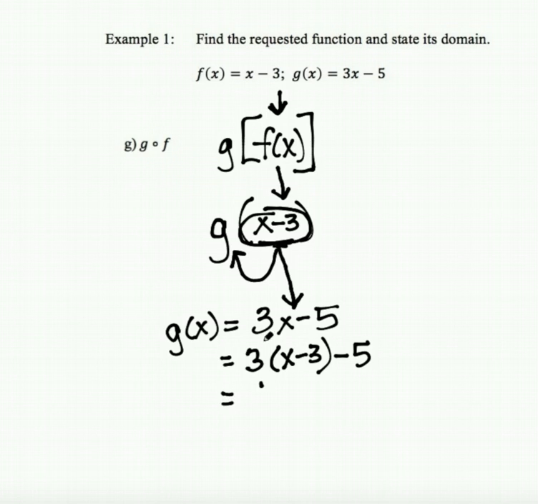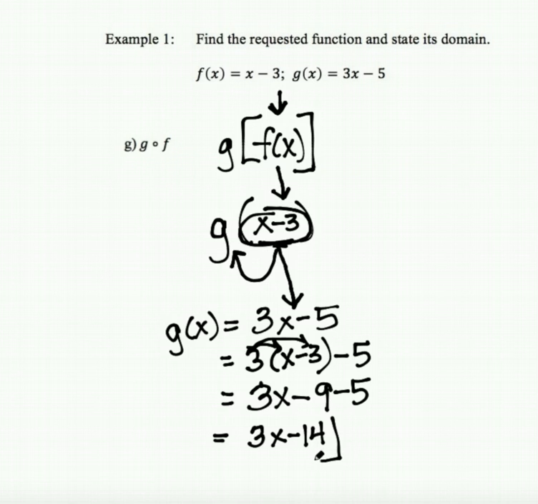Now when I distribute this 3 to both terms, I have 3x minus 9 minus 5. Combining like terms, that leaves me with 3x minus 14. So that is the composition function g of f. Notice that's different than f of g from our previous example.